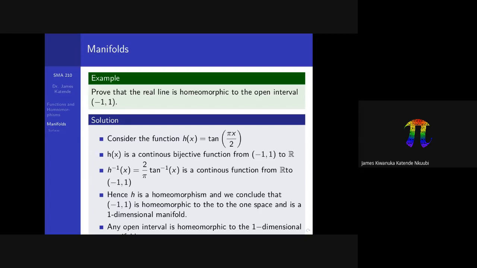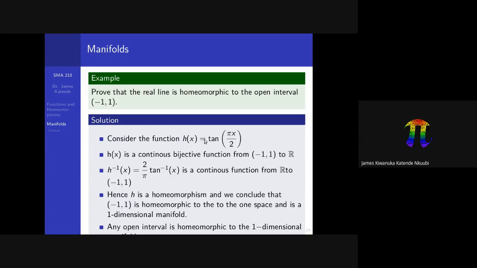So we consider this function where the domain will be the open interval -1, 1, and the range will be the real number line. This function is h(x) equals tan of pi x over 2.